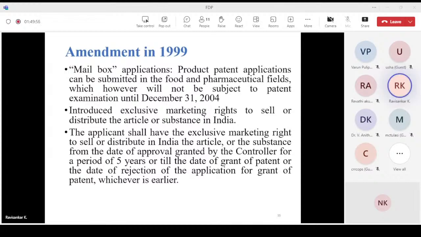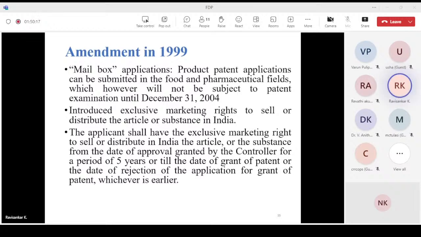Coming to the amendment in 1999, we provided a mailbox application, which means if any company wants to file a product patent application, it can be submitted under the mailbox. However, it will not be examined until January 1, 2005.